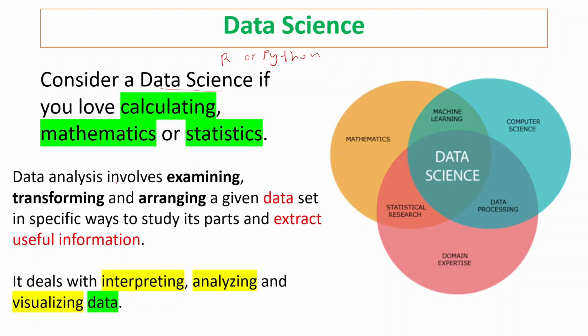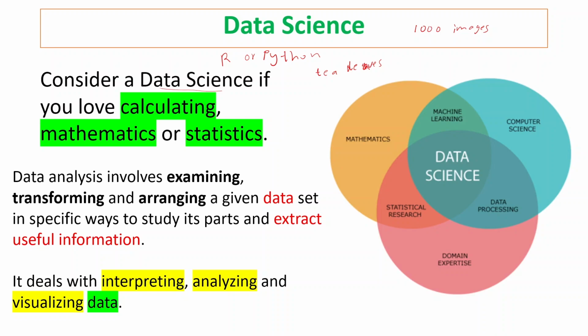Data analysis involves examining, transforming, and arranging a given data set in specific ways to study its parts and extract useful information. For example, in data science, you may classify tea leaves based on their quality. For that, you can have 1000 images of labeled tea leaves, that means whether they are in good condition or bad condition.